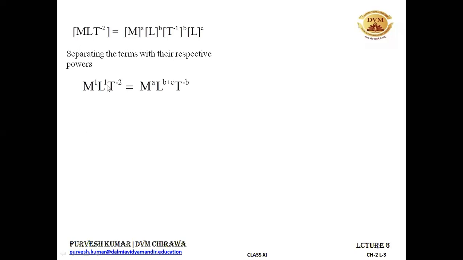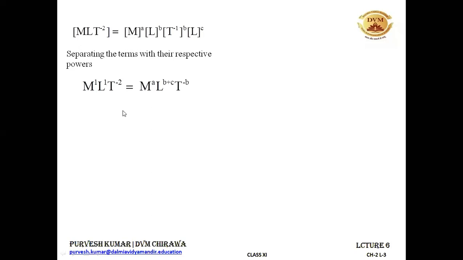Similarly, towards the left hand side, L is having power 1, and towards the right hand side, L is having power b plus c. So I should be writing b plus c equal to 1, because powers have to be same on both the sides. And minus b is the power of T towards the right hand side, and minus 2 is the power of T towards the left hand side. So while comparing these two, I can write minus b is equal to minus 2.